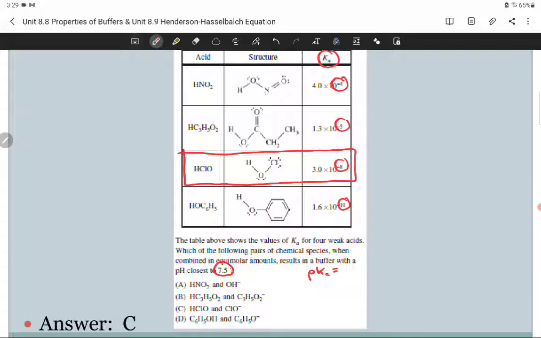Again, you don't have a calculator, so all we have to go with is that it's going to be between 7 and 8. In this case, 7.5. So that's our HA, and then we'd need an A minus. So the A minus has to have one less H positive, so it'd be that. So there we go.